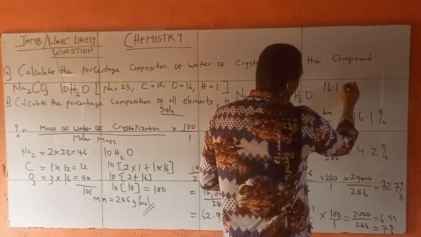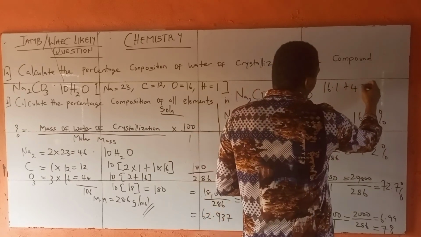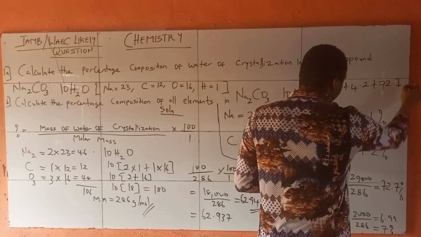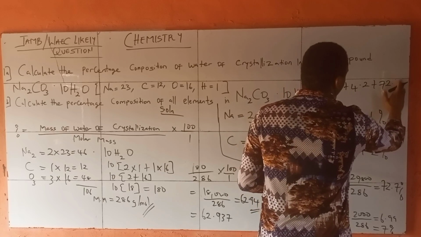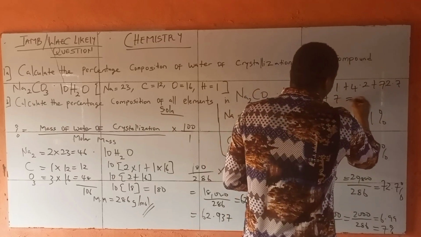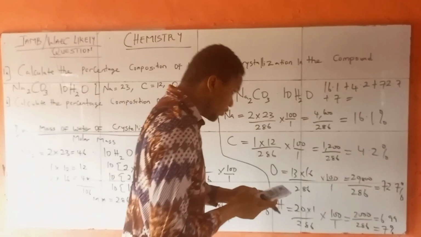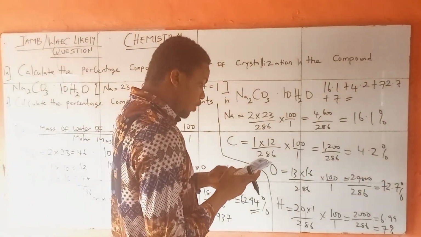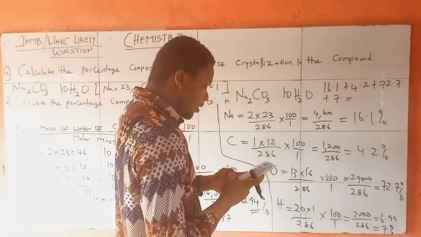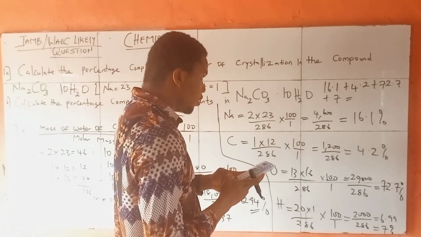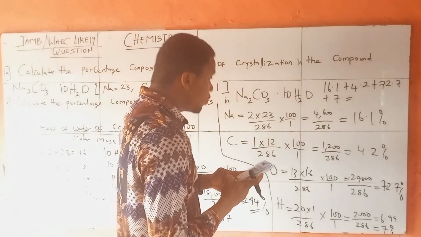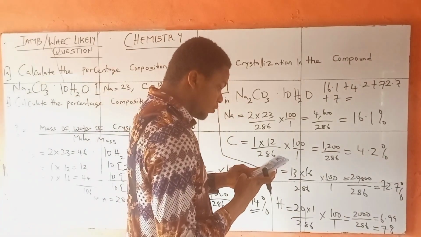We have 16.1 plus 4.2 plus 72.7, plus 7. Let's sum it together and see what it gives us.